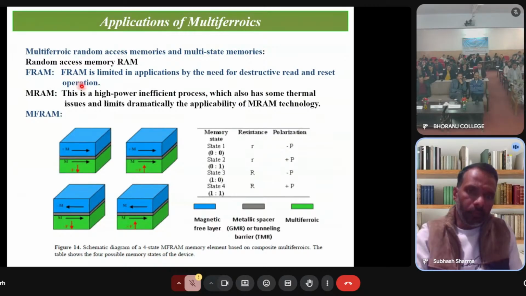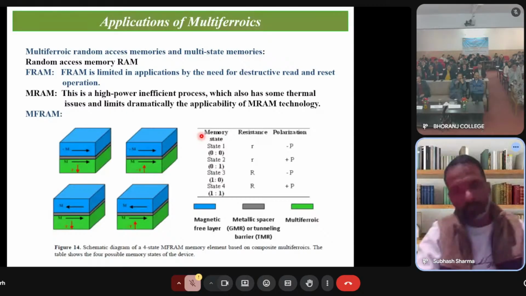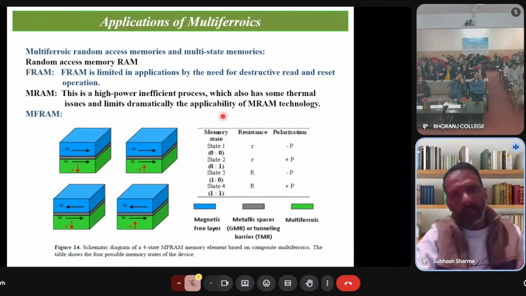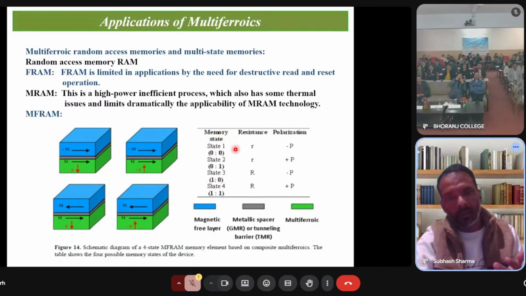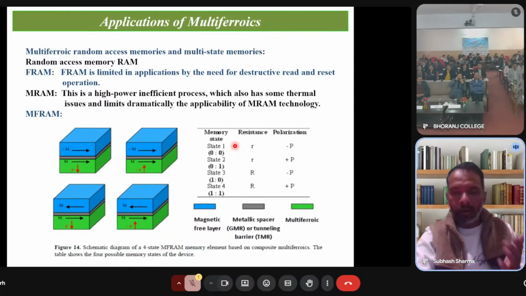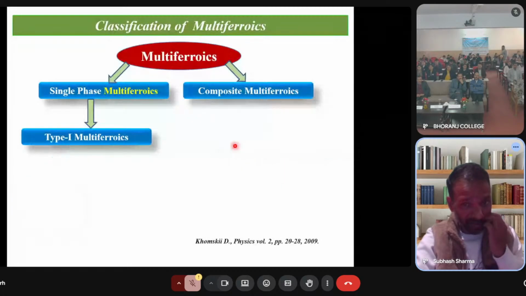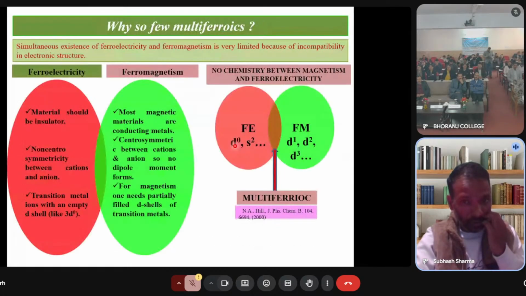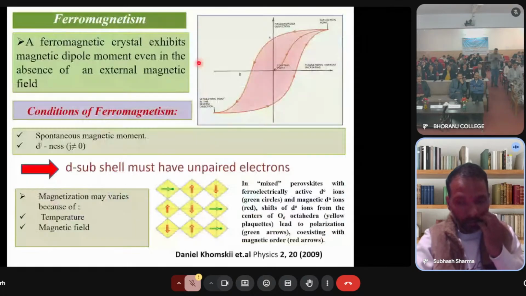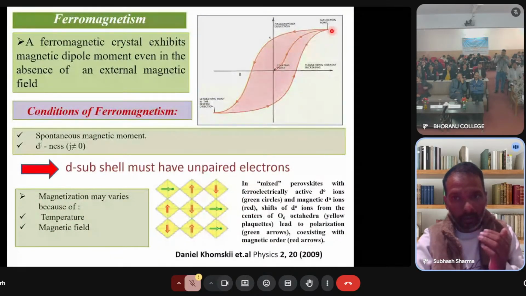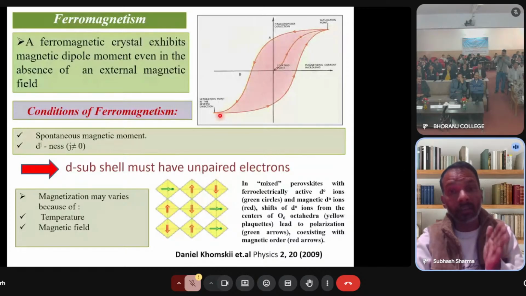At this time in the market, we have some multiferroic random access memories. In conventional memory, you have only two options. If any student is interested in electronics, they know how to save the data, right? You can save either 0 or 1, because thermodynamically this state or this state is very stable.